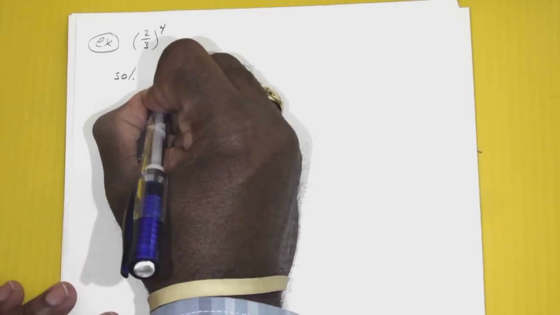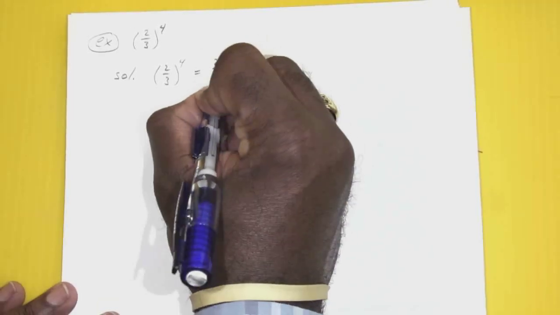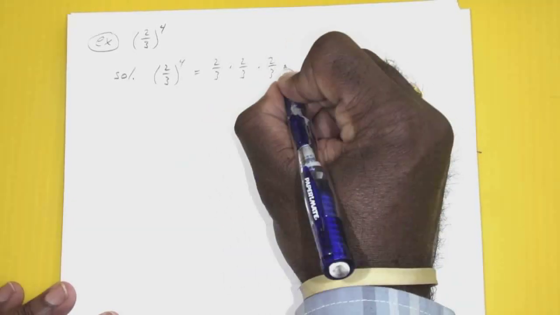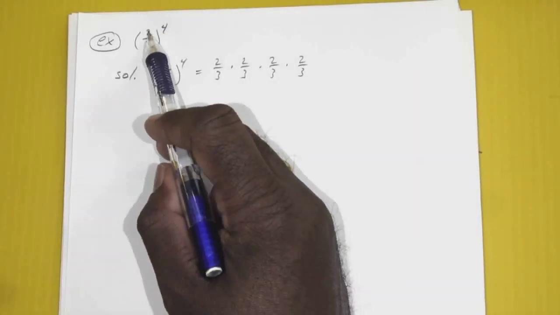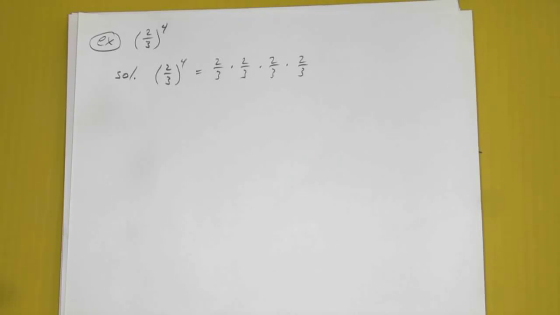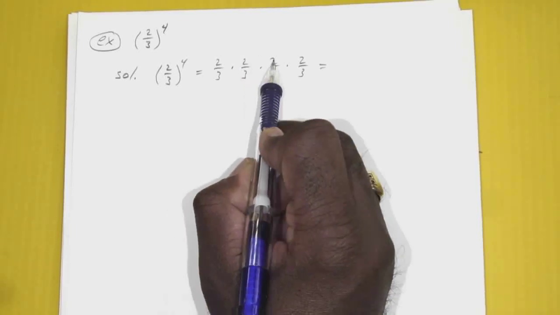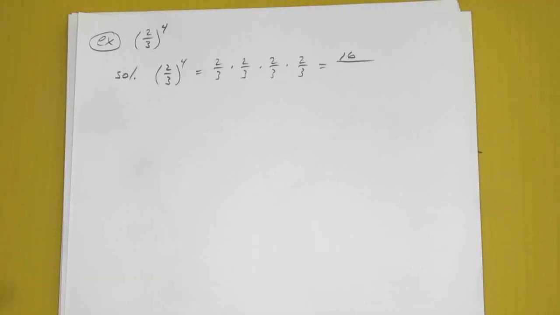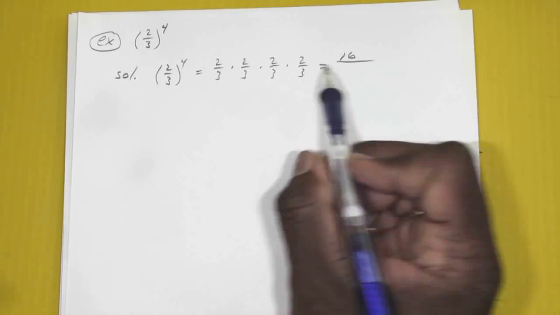If you have 2/3 to the 4th power, that's 2/3 times 2/3 times 2/3 times 2/3. Normally, if it could simplify, you'd simplify before doing this. So you have 2 times 2 is 4, 4 times 2 is 8, 8 times 2 is 16, over 3 times 3 is 9, 9 times 3 is 27, 27 times 3 is 81.